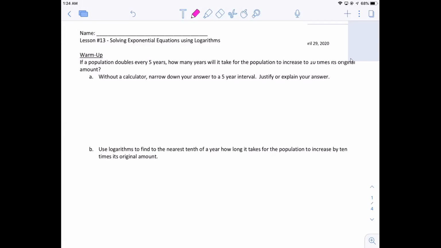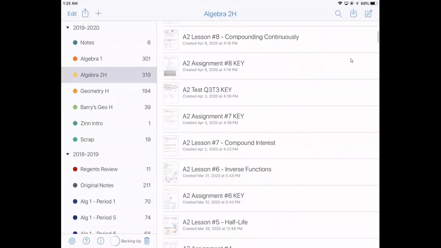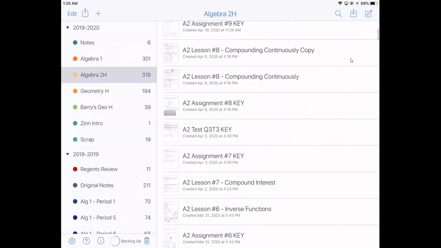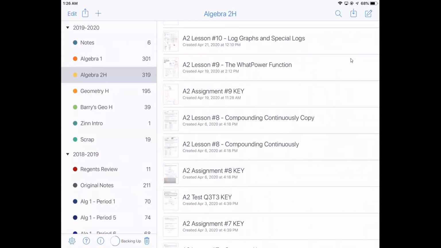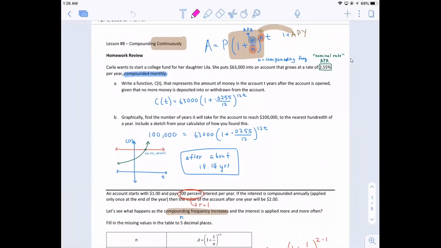Today we are going to be using the skills we learned from last lesson, solving log equations, and we will be using them to help us solve exponential equations. So we've actually been doing this a whole bunch already, except we were solving the equations graphically. So for example, a question like this. Like, when is she going to have $100,000 in her account, right?